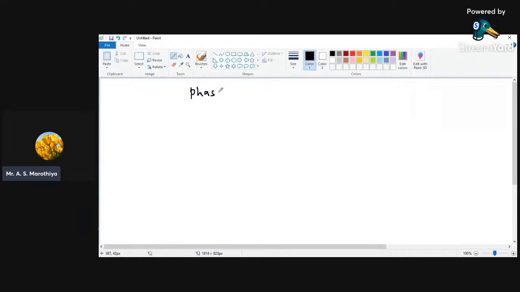So let us make a quick revision on what exactly a phasor diagram is, or what is the meaning of phasor. So phasor is basically what? It is a graphical representation of an alternating quantity through which we are in a position to represent its magnitude, its direction, as well as its sense of rotation.